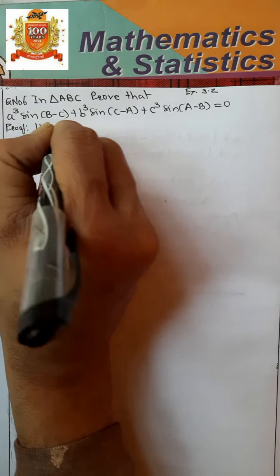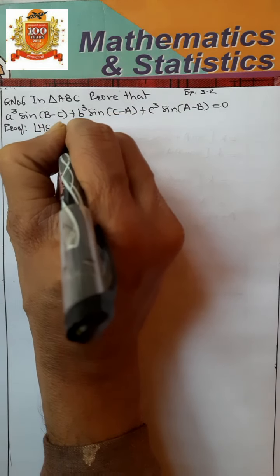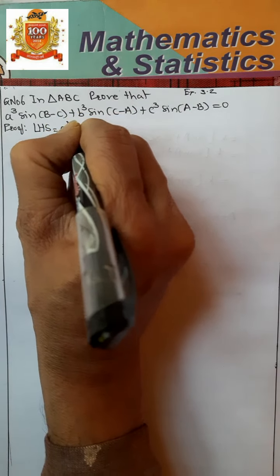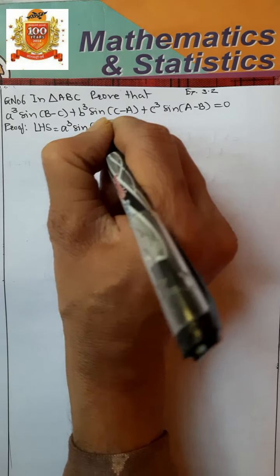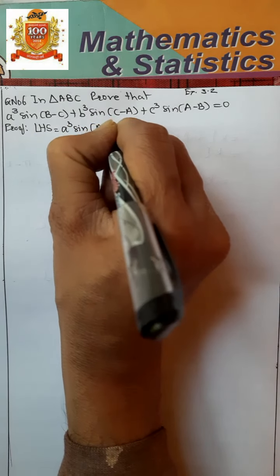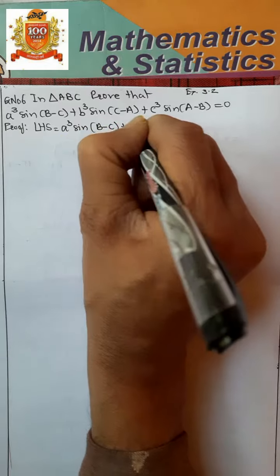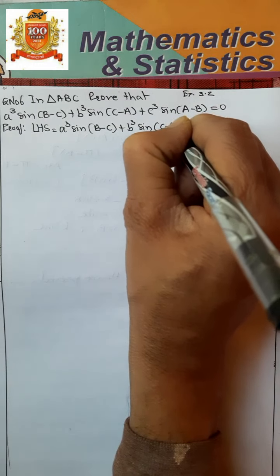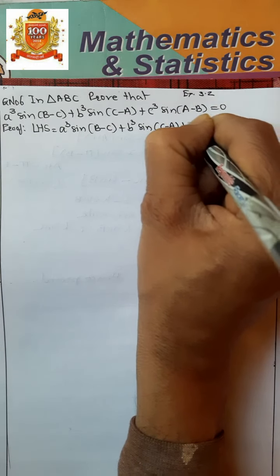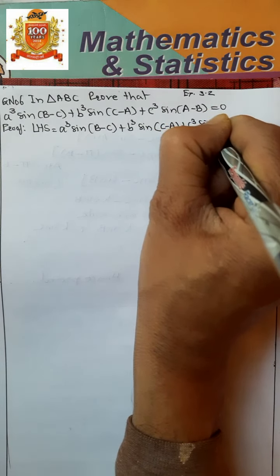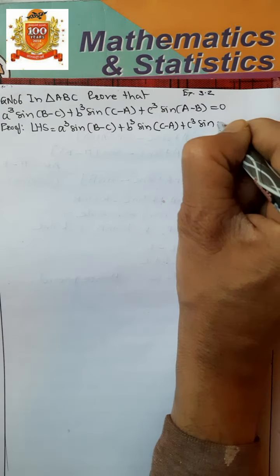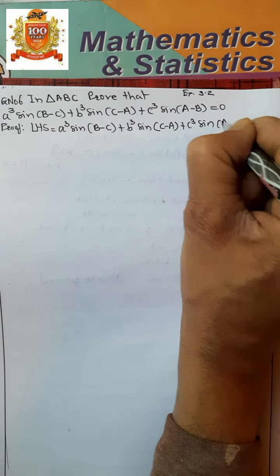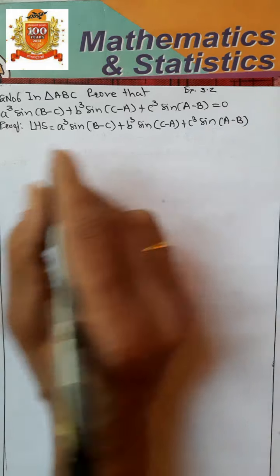LHS is equal to a cube into sine (b minus c) plus b cube into sine (c minus a) plus c cube into sine (a minus b). This is our LHS.